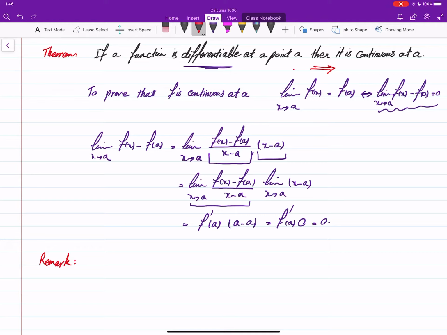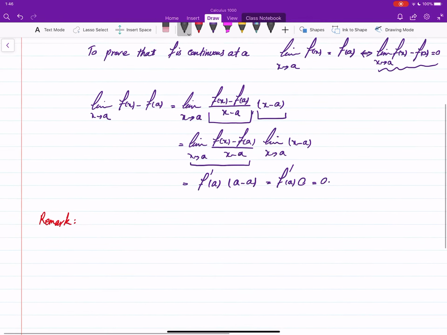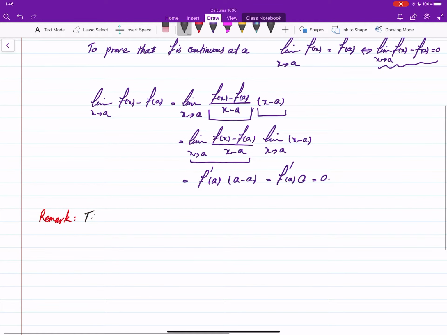Well, the answer to this question is no. So the inverse of the theorem is not true. And indeed, you can find an example which is continuous at a point, but not differentiable.